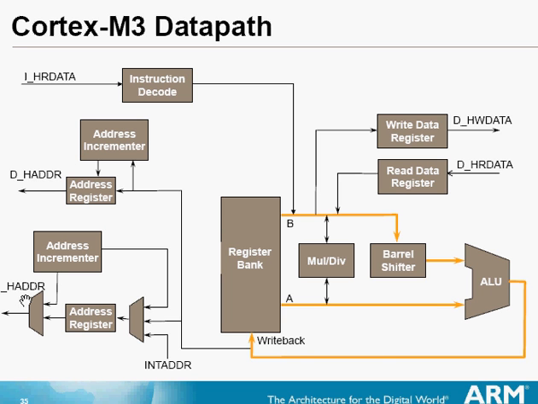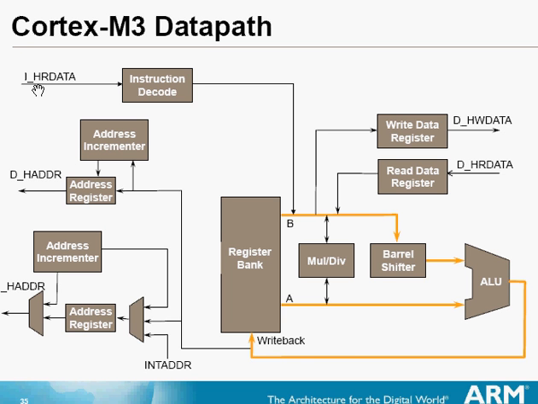This one is the instruction side bus, this is the data side bus, and this is the instruction decoder. So there are separate read data and write data registers and a data address bus.